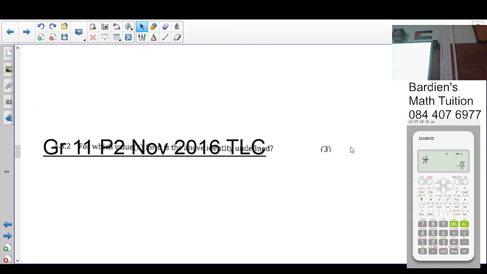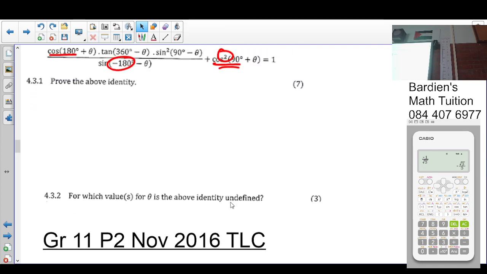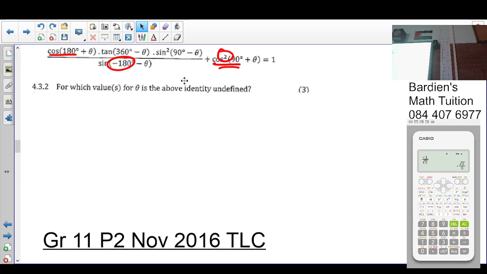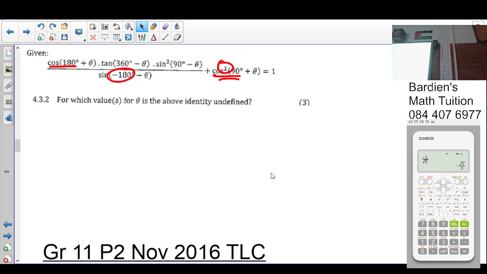The question says, for which values of theta is the above identity undefined? So firstly, I see a tan, not so. That in simpler terms is negative tan theta, not so.